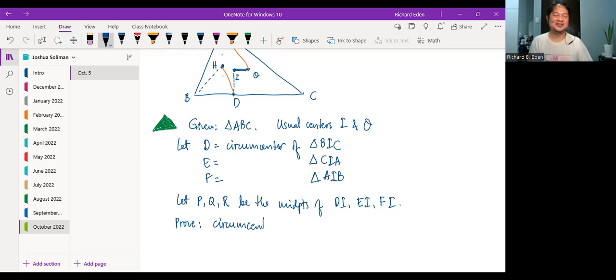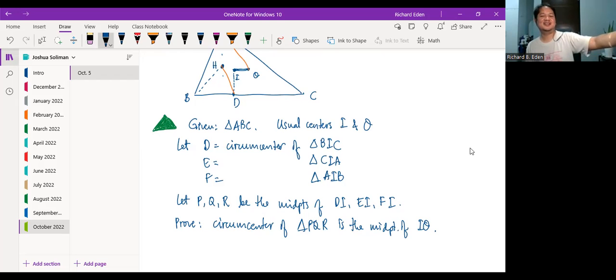Prove that the circumcenter of triangle PQR is the midpoint of IO. So finally, it is like the nine-point center, but of the incenter and circumcenter.